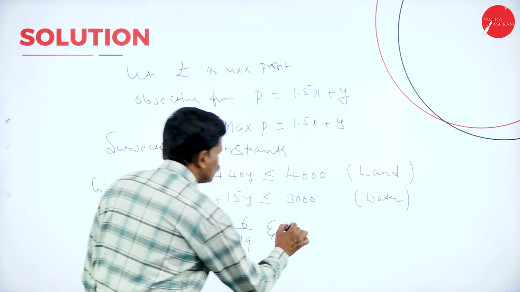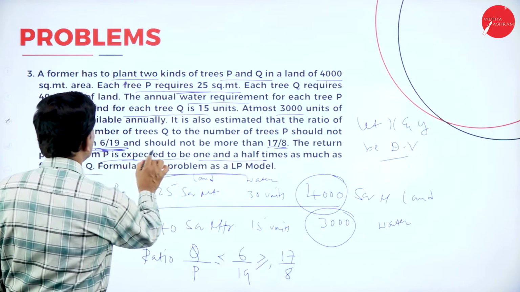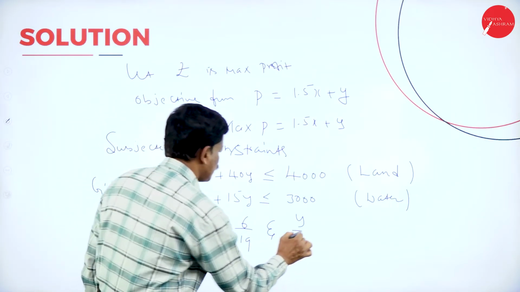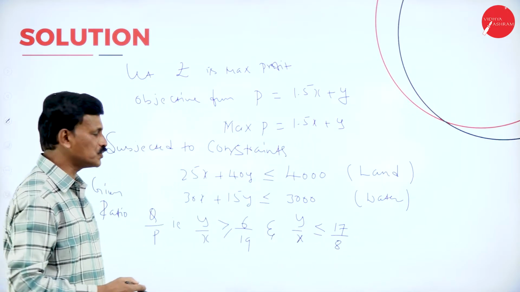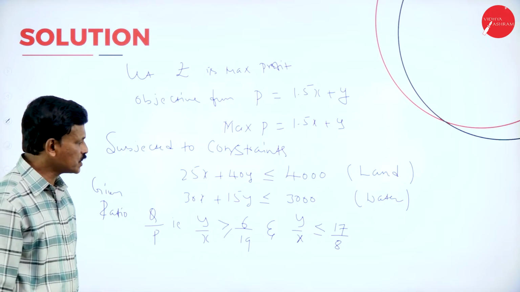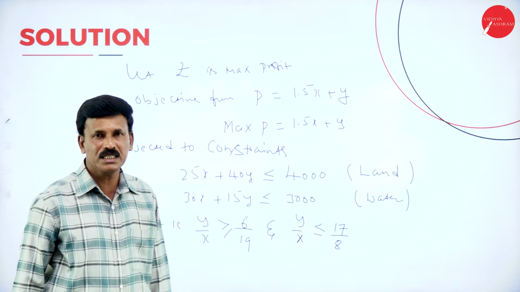Another ratio, Y by X, is not more than 17 by 8, which means Y by X is less than or equal to 17 by 8.